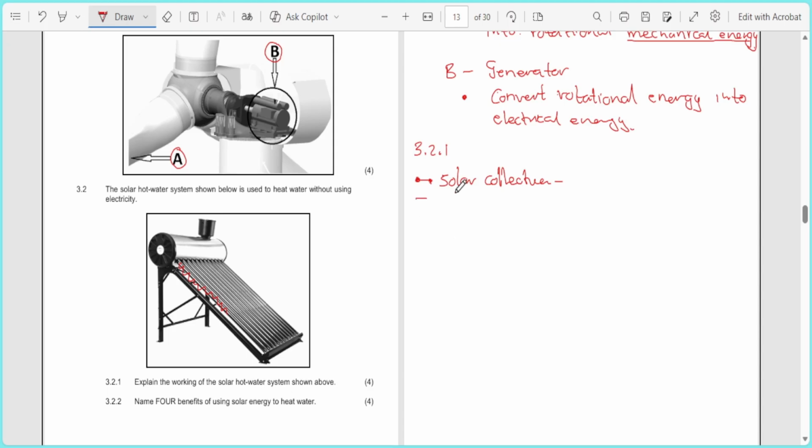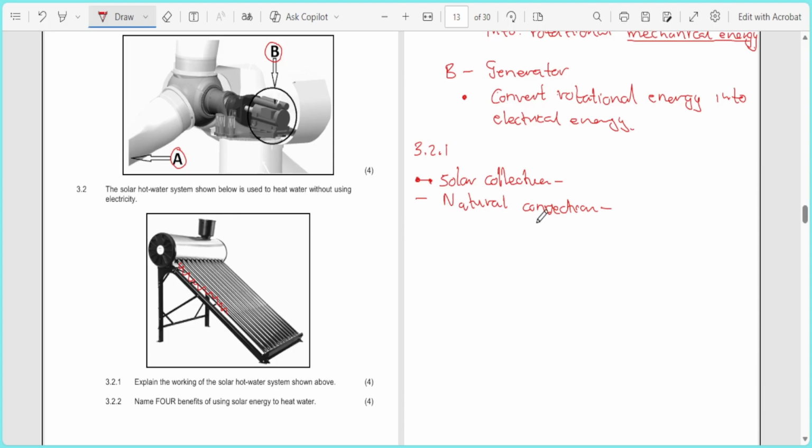Next would be to talk about the natural convection. Now, there's a heat exchanger. A heat exchanger transfers the warmth to household water without mixing.